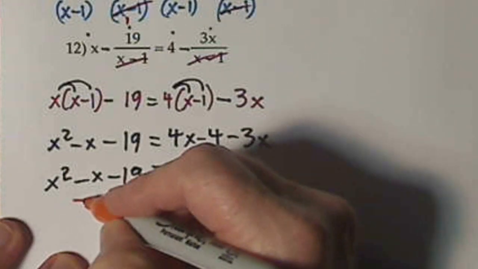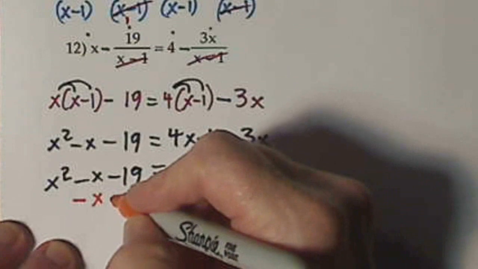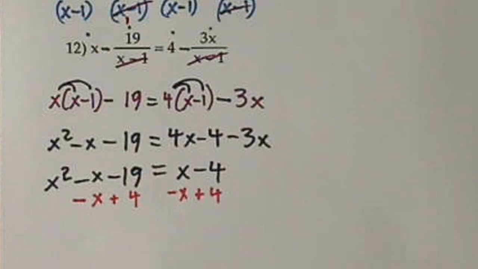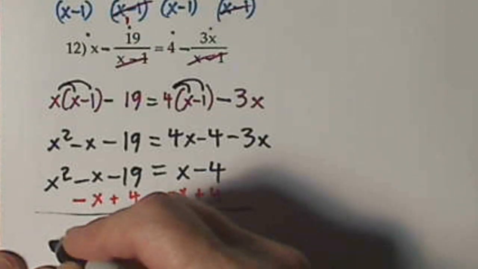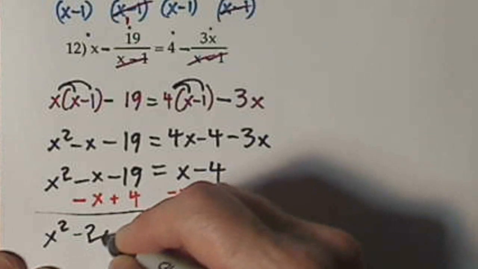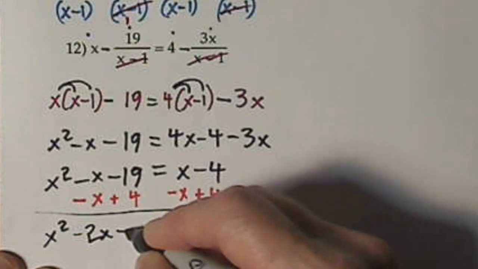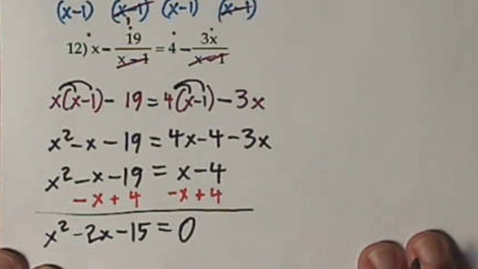So that'll be a minus x here. And remember with the 4, we're adding 4. And let's see what we've got now. x squared minus 2x, and that's negative 15 equals 0.